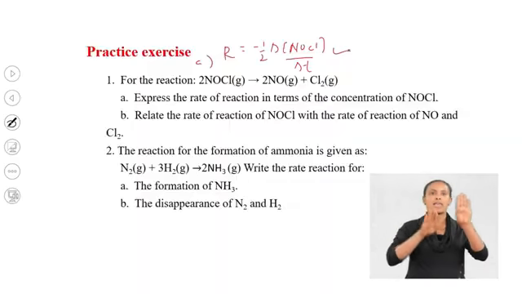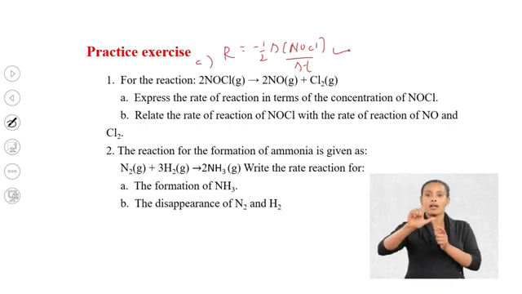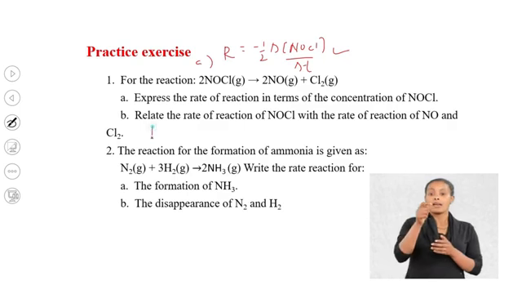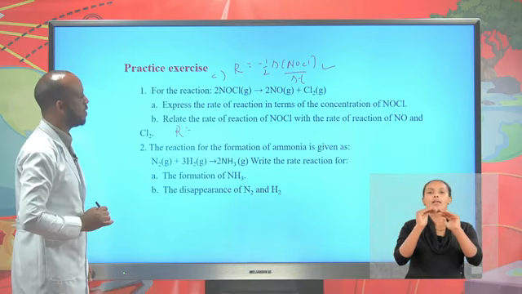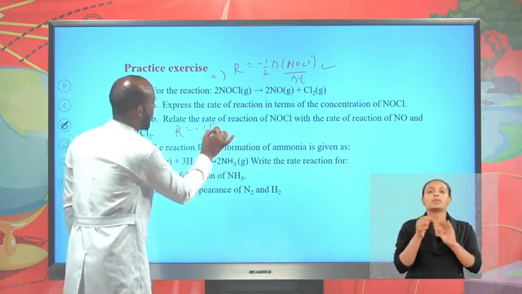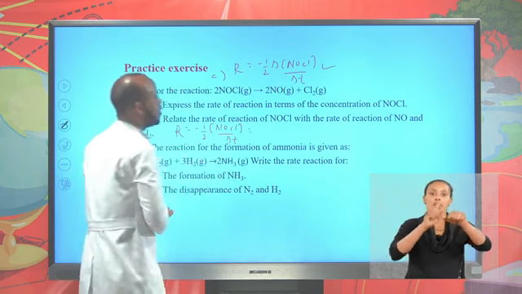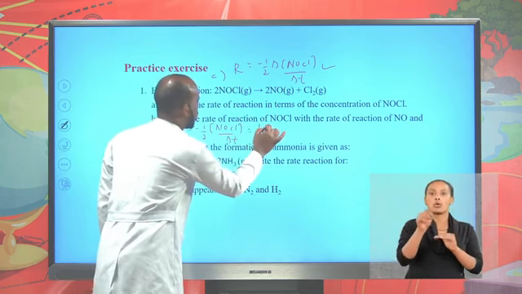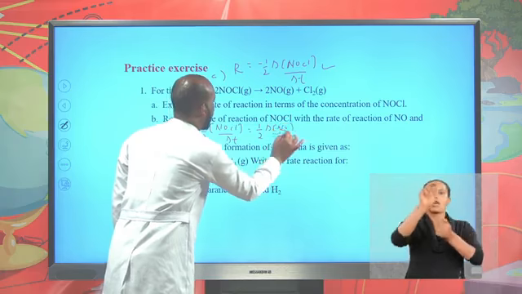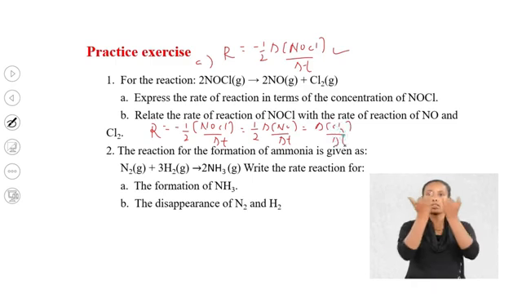(b) Relate the rate of reaction of NOCl with the rate of reaction of NO and Cl2. Rate equals minus 1/2 change in concentration of NOCl divided by change in time, equals 1/2 change in concentration of NO divided by change in time, equals change in concentration of Cl2 divided by change in time.